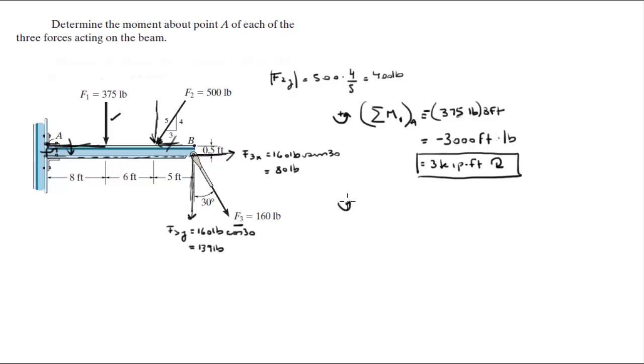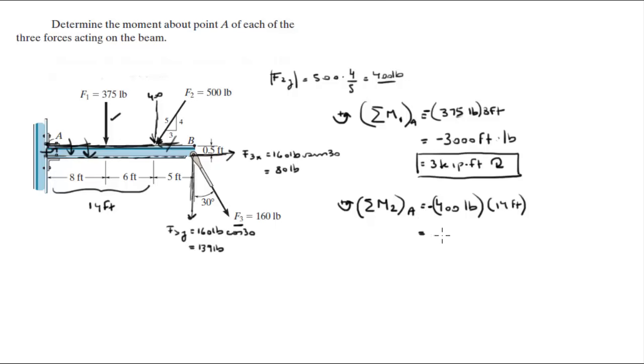The second moment, assuming counterclockwise is positive, that the second force creates about A is equal to the y component of F2, which is right here, which is 400 pounds. We calculated it right here. So it's 400, turning this lever arm with a length of 14 feet, and it's turning it also clockwise, so it's negative.